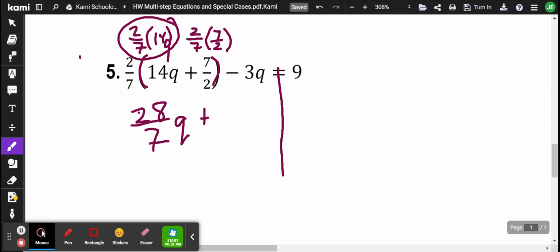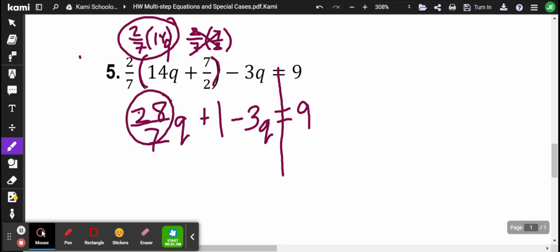Then 2 times 7 is 14, and then 2 times 7 is 14. So those inverses are going to cancel, and you're going to be left with 1. Then we have minus 3q equal to 9.